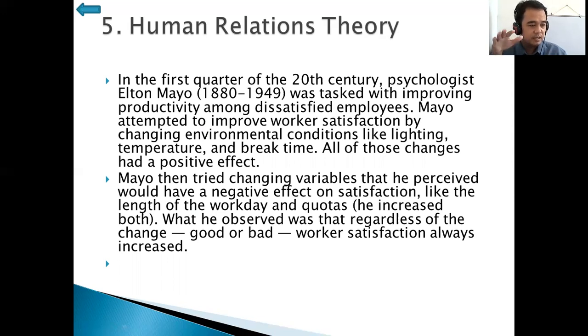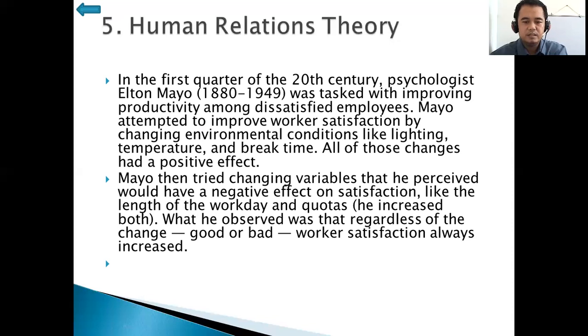Another payment, or additional payment, if you exceed the work hours, more than 8 hours, and quotas. So a set of required products or activities to be created by an employee for 8 hours, for example.